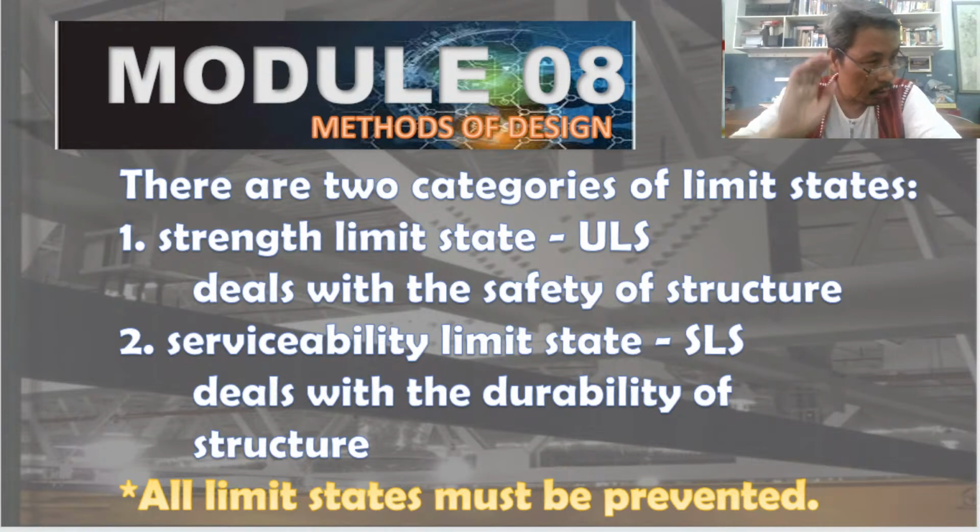So when we talk of ultimate limit state, it is the condition that deals with the safety of the structure. We want to check if our structure would give us the safety design function.